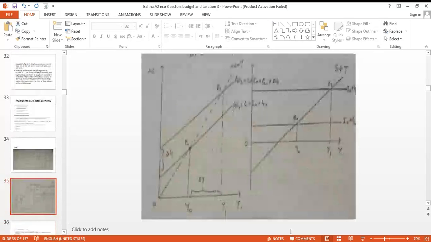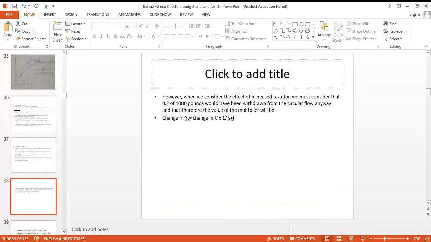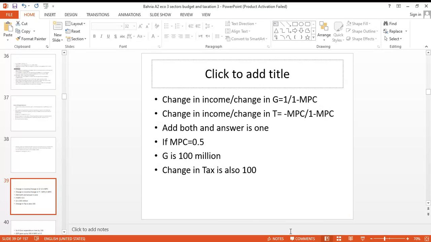Now, we are going to look at the multiplier of the balanced budget. I'll go into detail, but what does this multiplier measure?